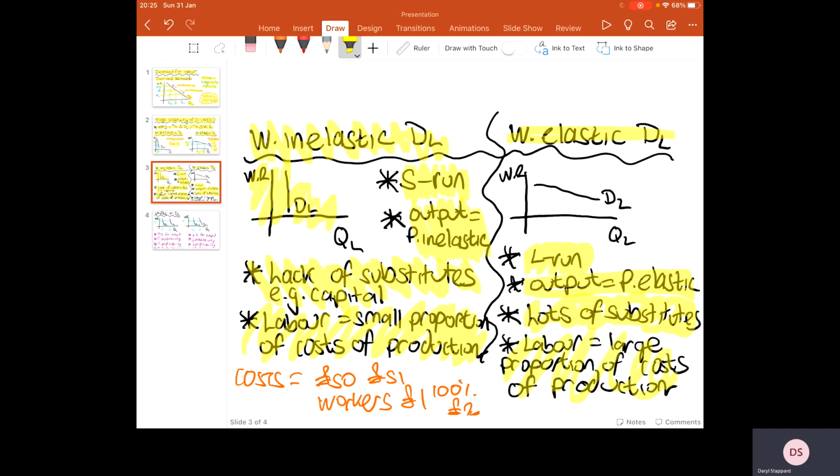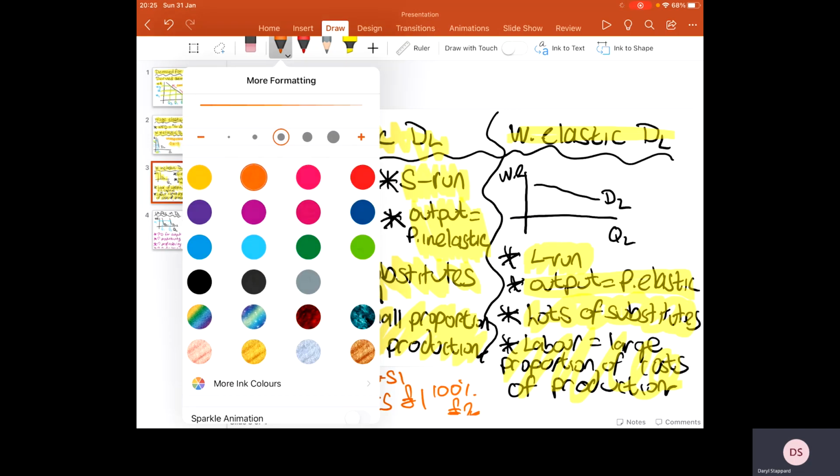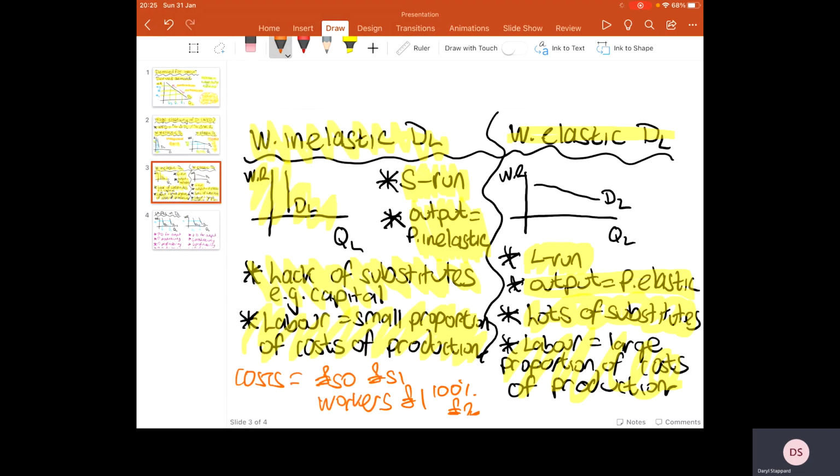Labour forms a large proportion of the cost of production. Now look at the numbers that I included for that scenario on the left. Let's imagine again that the cost of production is £50, but this time workers make up £30 of this £50.